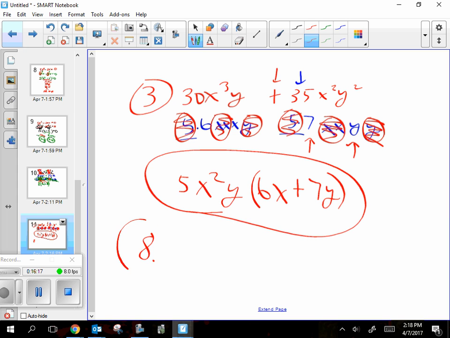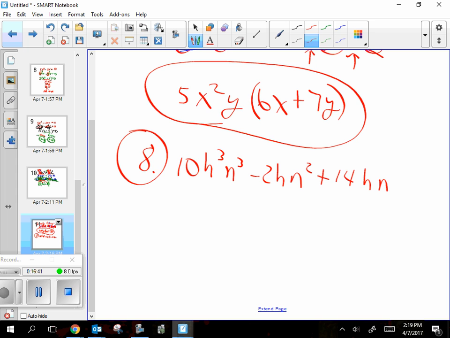Number 8: 10h to the third n to the third minus 2hn squared plus 14hn.